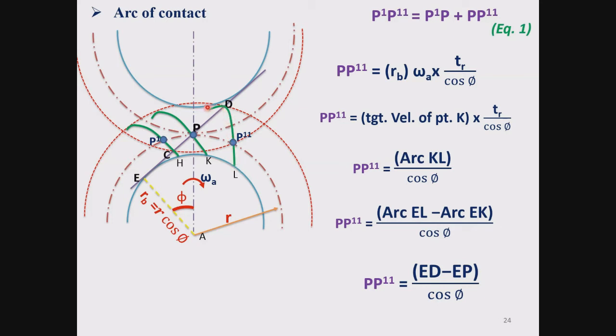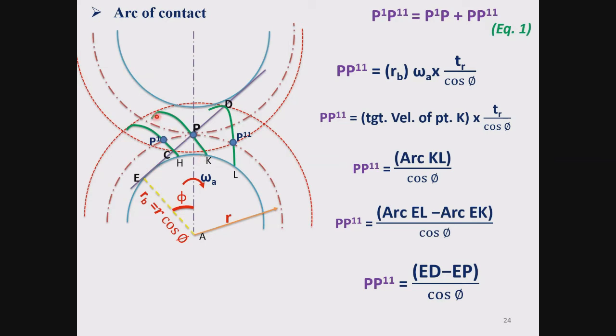So property of involute tells us that arc EL must be equals to the linear distance ED, and arc EK, look at the base circle of gear 1, arc EK.